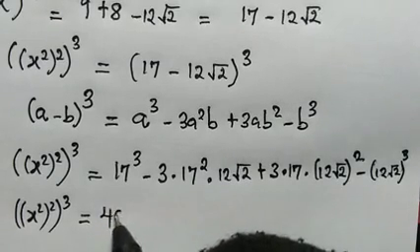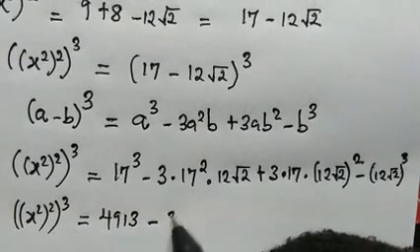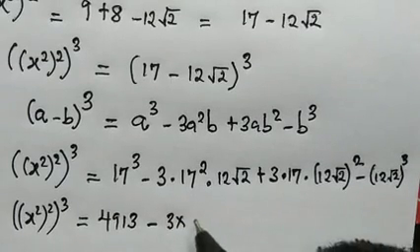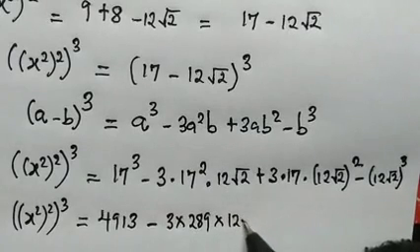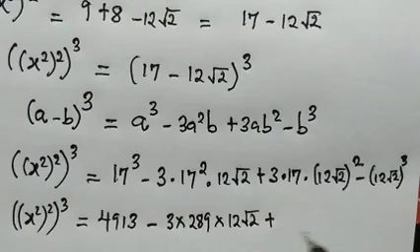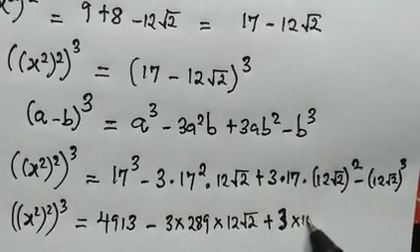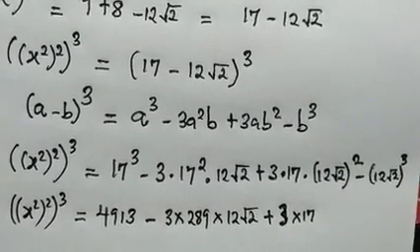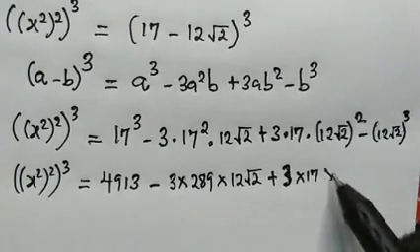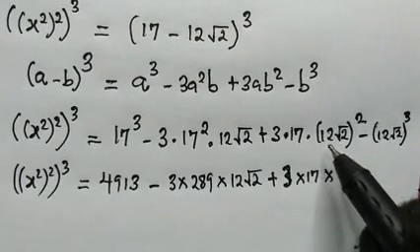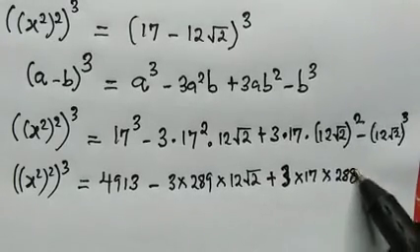So that will give us 4913 minus 3 times 17 squared, which is well known, that is 289. Then multiply by 12 root 2. Then plus 3 times 17 from here, then times 12 squared, which is 144, root 2 squared is 2, so 144 times 2 is 288.